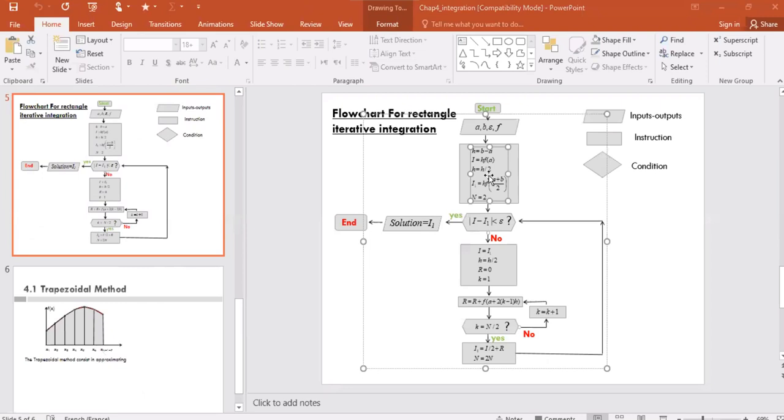So here it's h, so it's I over 2 plus, so I1.